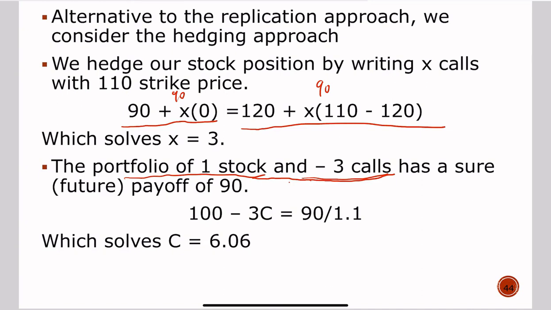So this basically means the present value of this portfolio equals the discounted cash flow. What is the cash flow? It's just 90, so you discount this 90 with 1.1, and this right-hand side should be equal to the present value of this portfolio. And the present value of this portfolio is just today's share price 100 minus 3 times the call price. So this solves C equals 6.06.